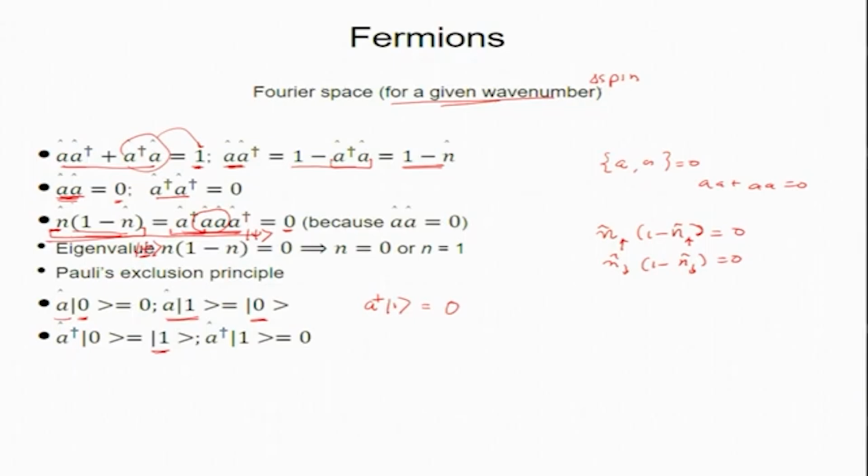Any questions on this? Yeah, there is only 0 and 1. The number of particles is 0 or 1. In a system there will be many states, and in each state there can be either 0 particles or 1 particle. In the hydrogen atom we have many states.